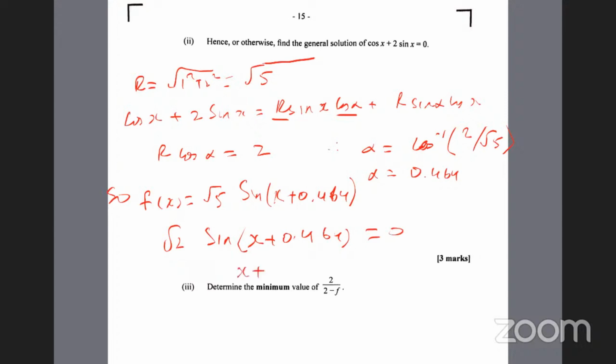So x plus 0.464 is n pi plus minus 1 to the n of alpha. What is alpha? Alpha is sine inverse 0. Here is x plus 0.464.